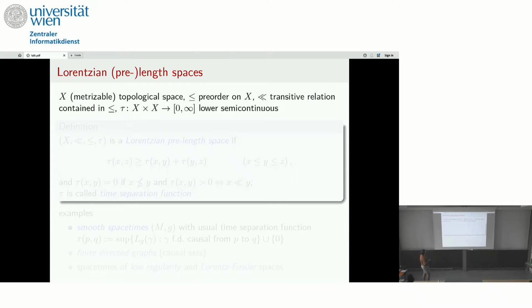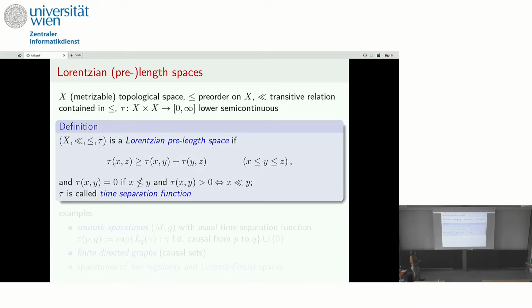Just to give you the definition. So by now there are several axiomatizations and also names. For example, you could also call it metric spacetimes if you want. So a Lorentzian pre-length space is a metrizable topological space. You have two relations on it. Less or equal is a pre-order, so it's reflexive and transitive, and less is a transitive relation contained in less or equal, and tau a lower semi-continuous function.